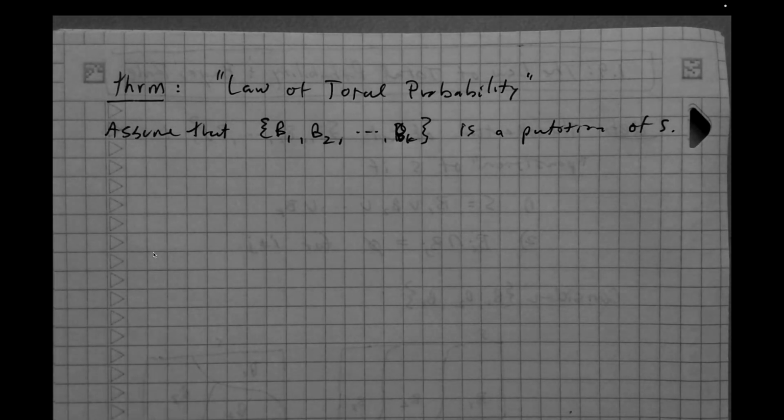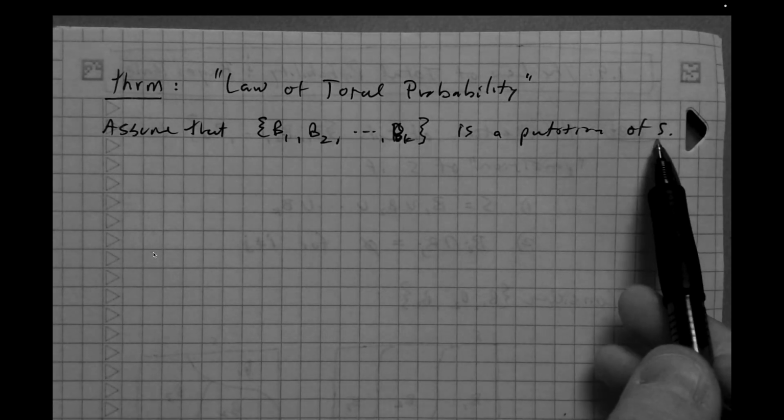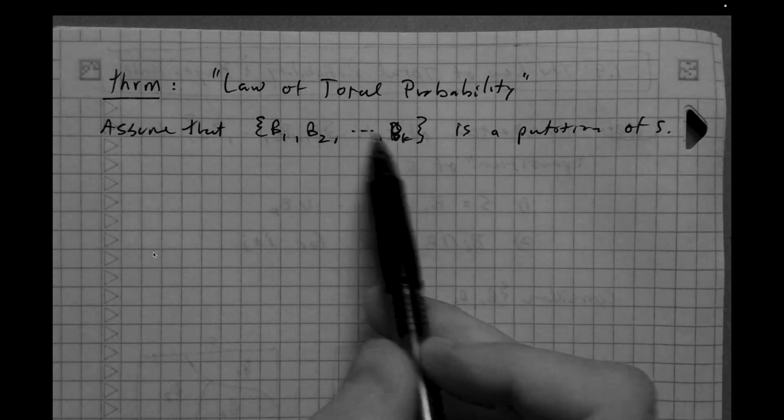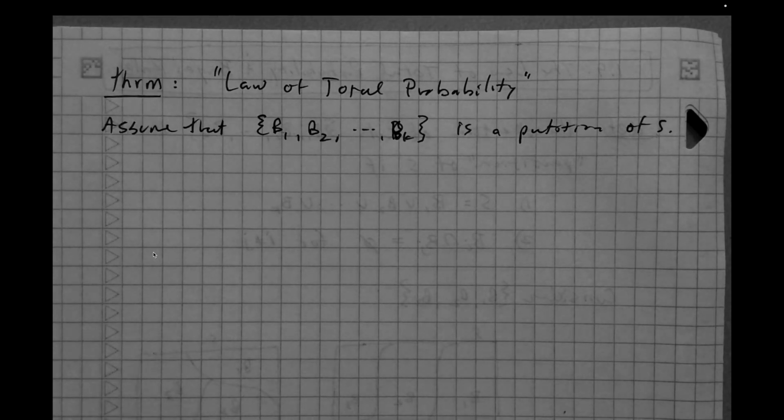Okay, and so of course, when we say it's a partition of S, what we mean is the previous definition, right? Remember, what that means is that the union of these sets is equal to the space S, and these sets B1 through BK are all mutually exclusive, meaning they don't overlap.